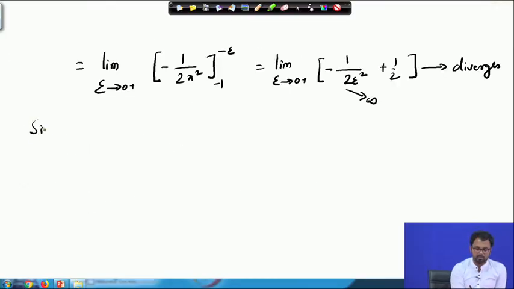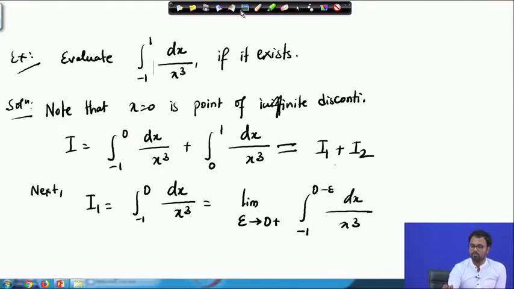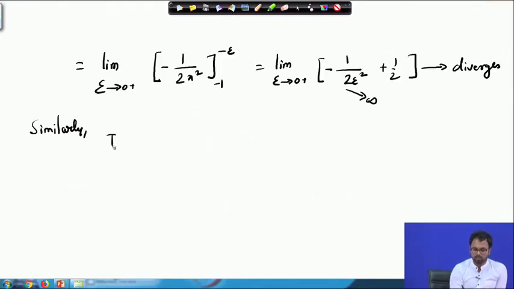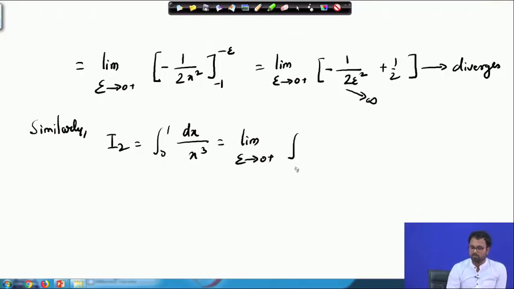Similarly, we can see the integral I2, which is basically integral from 0 to 1 dx by x cube, equals limit epsilon goes to 0 positive, 0 plus epsilon, so that means from epsilon to 1 dx by x cube.